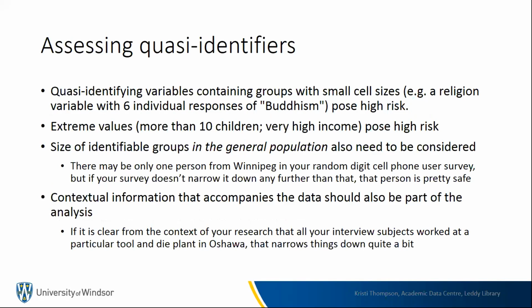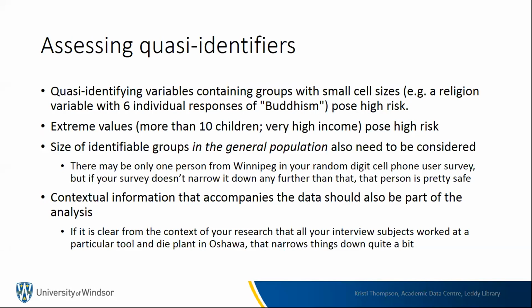The size of identifiable groups in the general population also needs to be considered. There may be only one person from Winnipeg in your random digit cell phone user survey, but if your survey doesn't narrow it down any further than that, that person is pretty safe. There are a lot of people in Winnipeg.